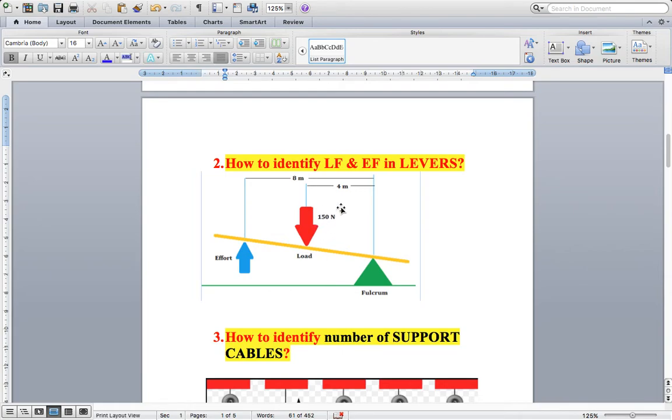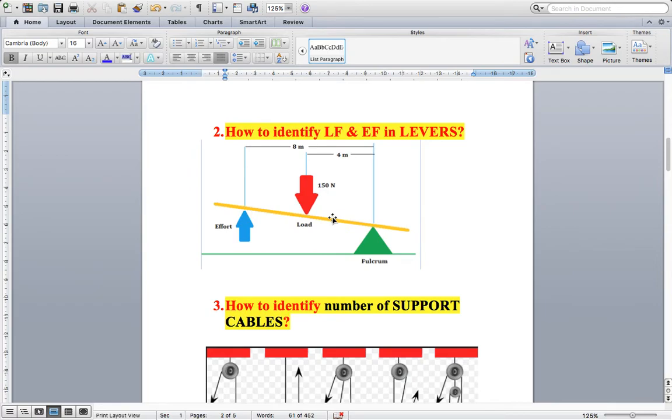And you know that Newton is the unit for force. Since it's written near the load, it's called the load force. So load force is given in the question as 150 Newton. So please be careful, read the question twice, carefully look at the diagram, then you will get a lot of values. Just put the values and then start solving the problem.